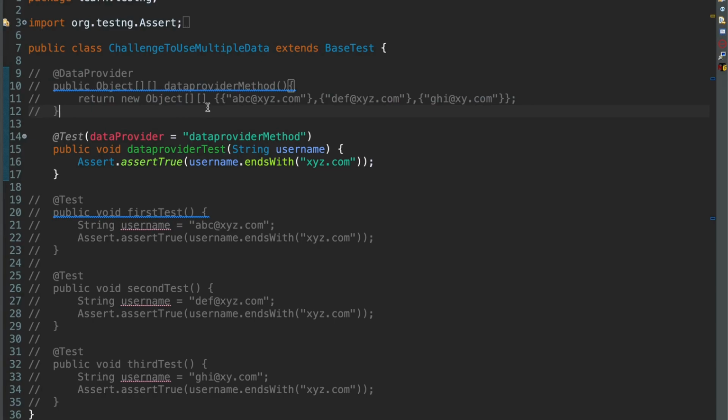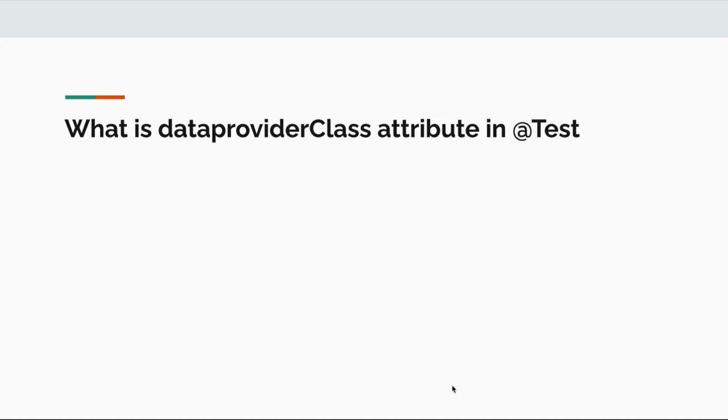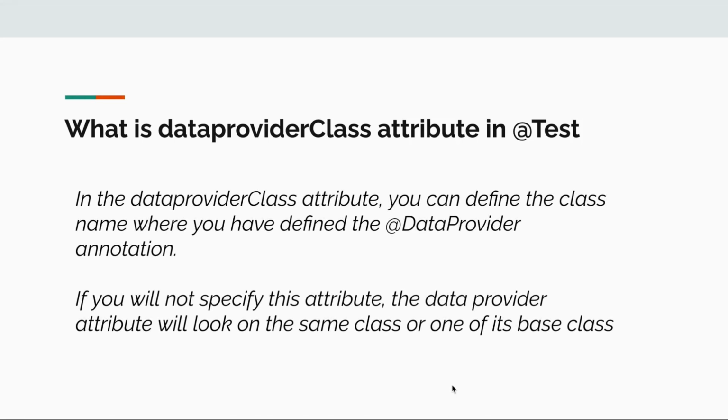To use the data provider in another class which is not a parent class, there's an attribute you have to use, which is the dataProviderClass attribute, provided in the @Test annotation. In the dataProviderClass attribute, you define the class name where you have defined the @DataProvider annotation.